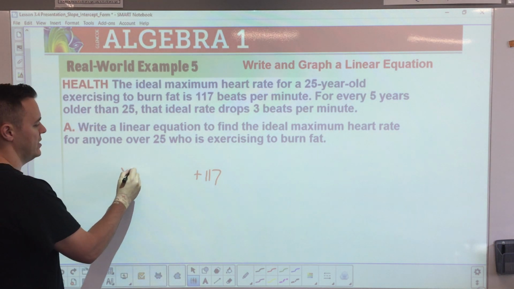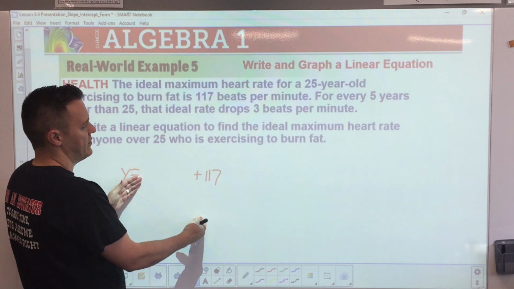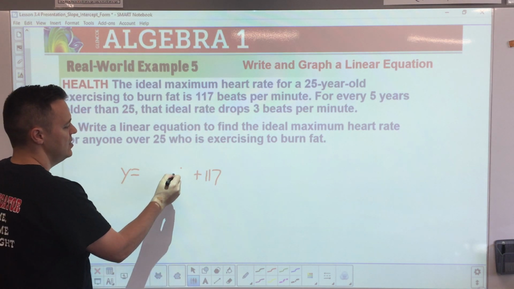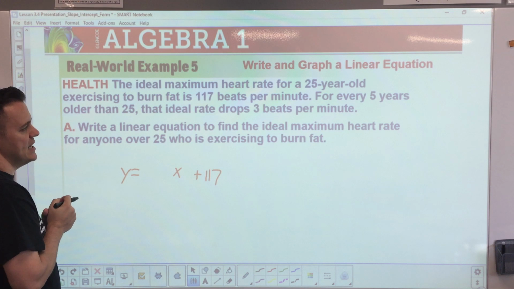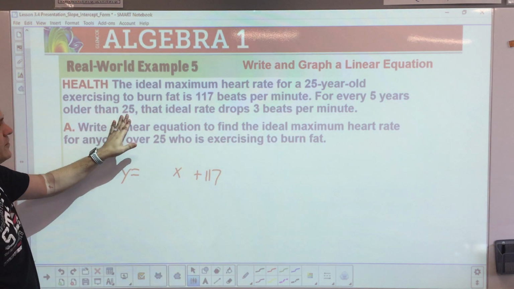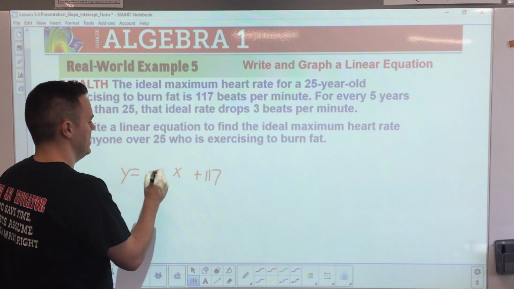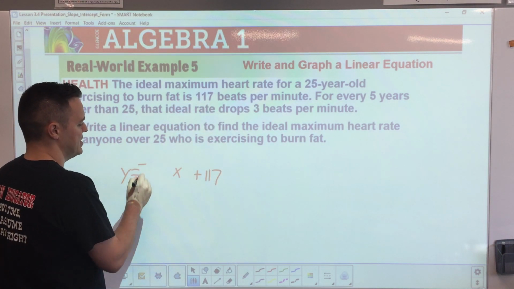Now we don't know what we're finding, so we got y equals. But I know on a graph, if I were to graph it, I'd start at 117. And we have our variable x. Now the tricky part is for every 5 years older than 25, the ideal rate drops 3 beats per minute. So if I know it drops, that's a negative.